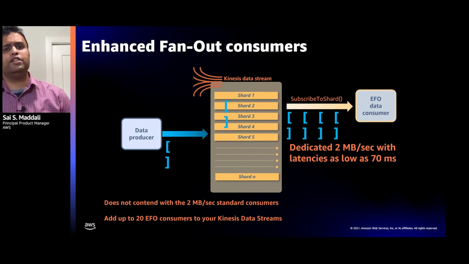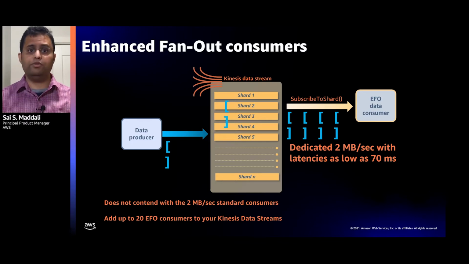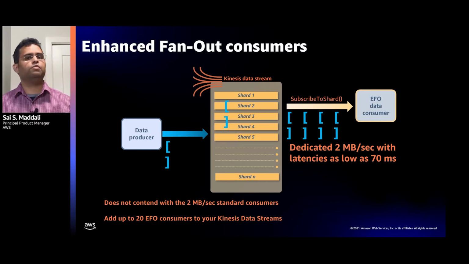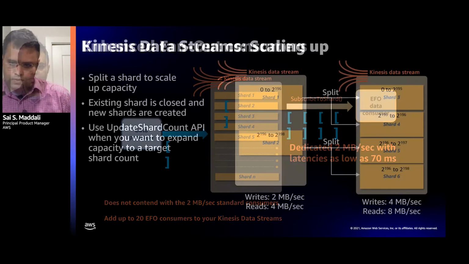EFO not only provides dedicated throughput, but it also enables low latency reads from Kinesis data streams. So if you have a latency sensitive application, say you're using Kinesis data streams to send data from one microservice application to another, you want to make sure the end-to-end latency is low. In this case, enhanced fan-out becomes extremely useful.